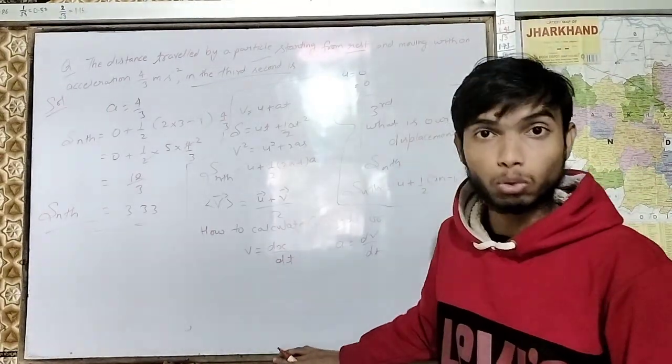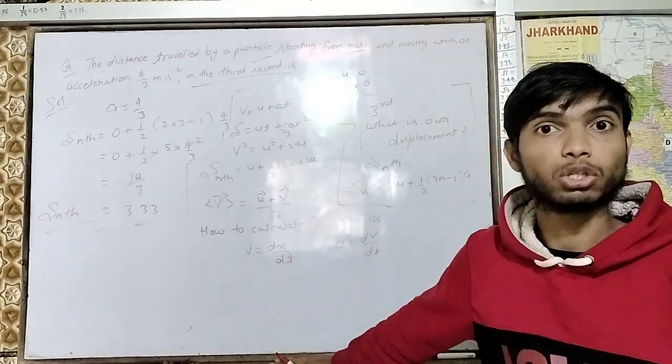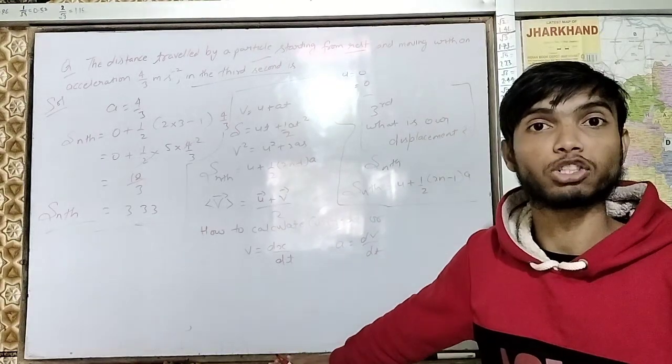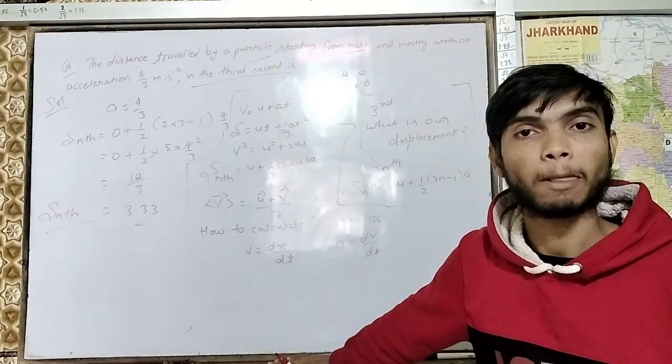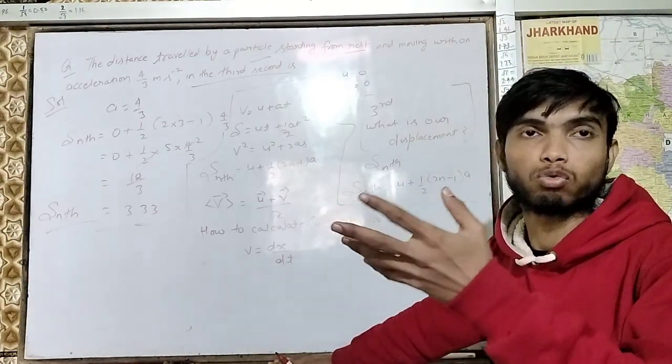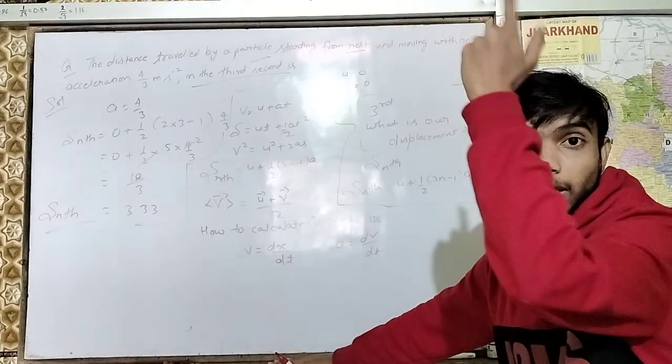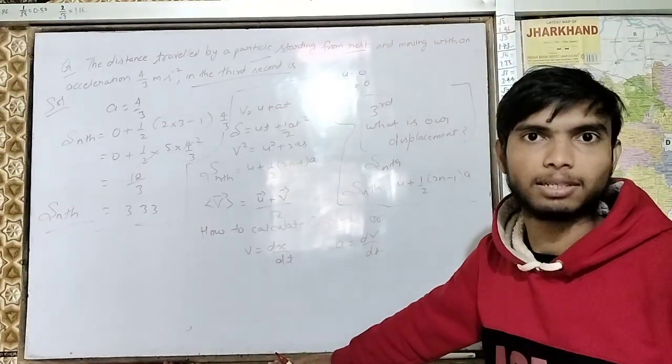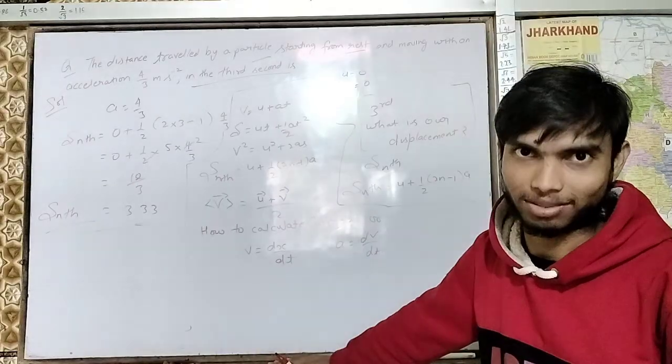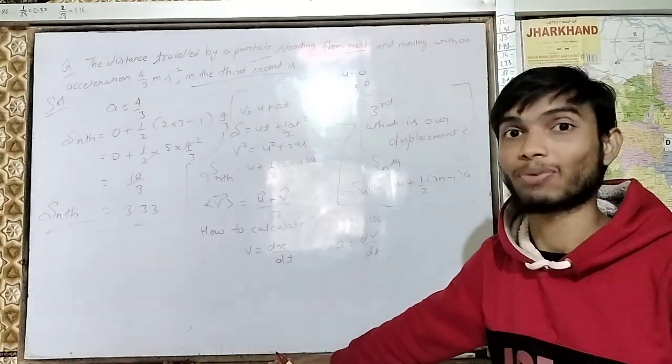We will do some questions in which the question will provide the location of a particle, which will look like this: x is equal to 4i plus 2j cap. This is location in vector language.